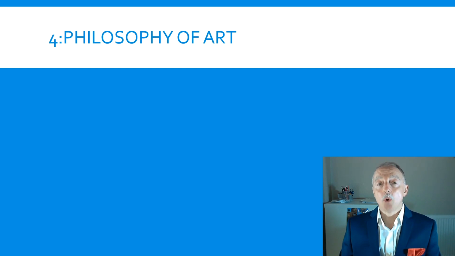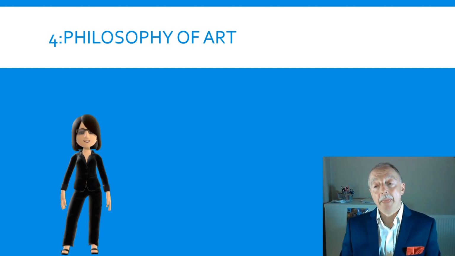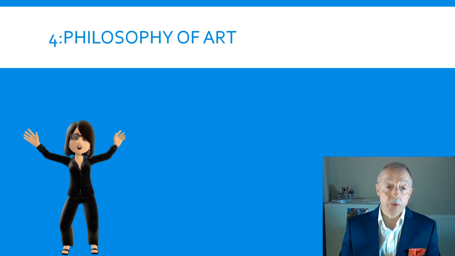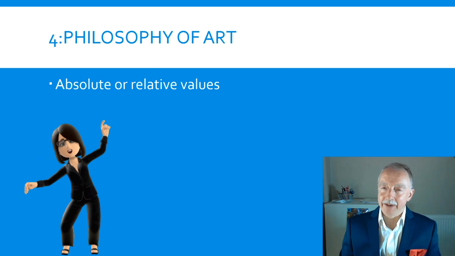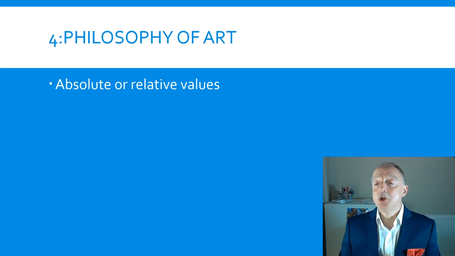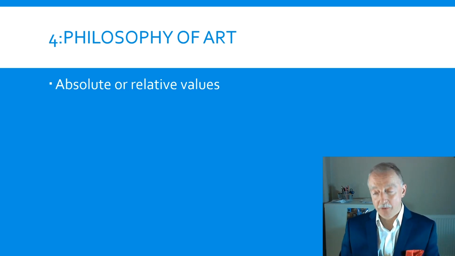Next is the whole idea of the philosophy of art itself. Now, there are four elements to this. The first is absolute or relative values. Do things which are tasteful have a relative value, or do they have an absolute value? Is beauty an absolute thing, or is it relative?